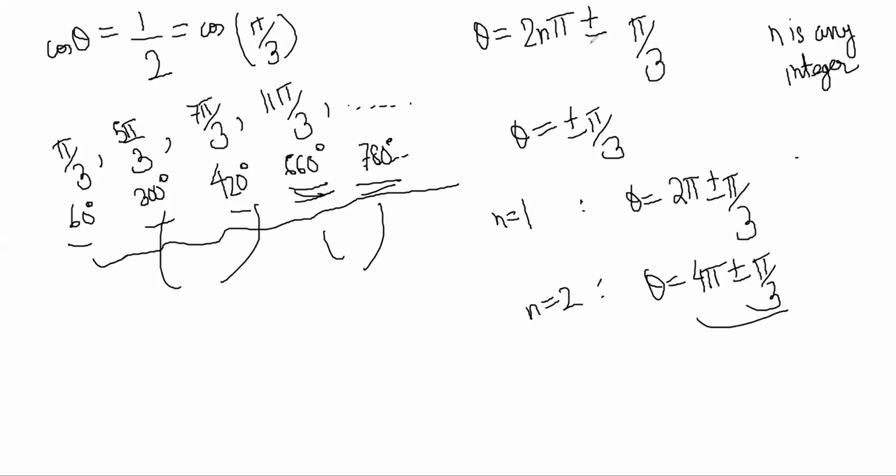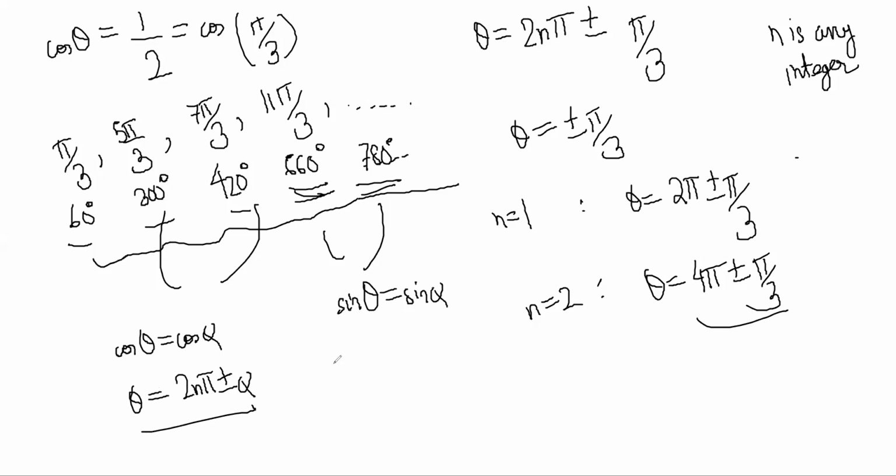You understand? So the general formula for an equation like cos theta is equal to cos alpha is theta is equal to 2n pi plus minus alpha. For sine theta is equal to sine alpha, the general formula was theta is equal to n pi plus minus 1 to the power n alpha.